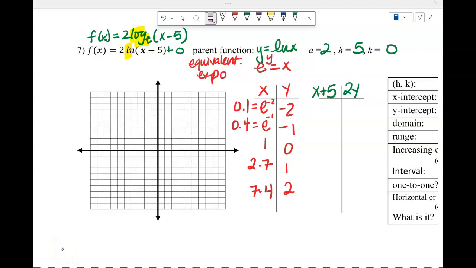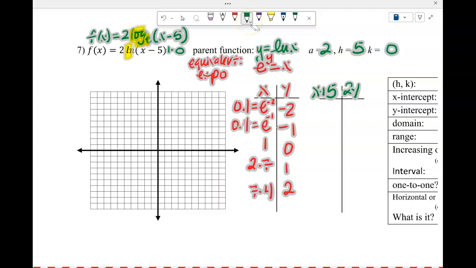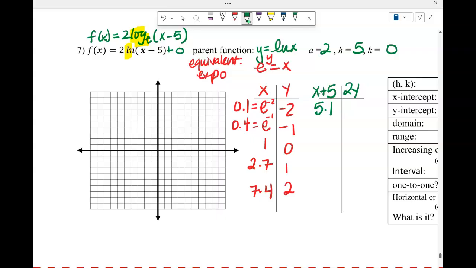So 0.1 plus 5 is 5.1. 0.4 plus 5 is 5.4. 1 plus 5 is 6. 2.7 plus 5 is 7.7. 7.4 plus 5 is 12.4. Now, all the y's are going to multiply by 2. So -4, -2, 0, 2, and 4.